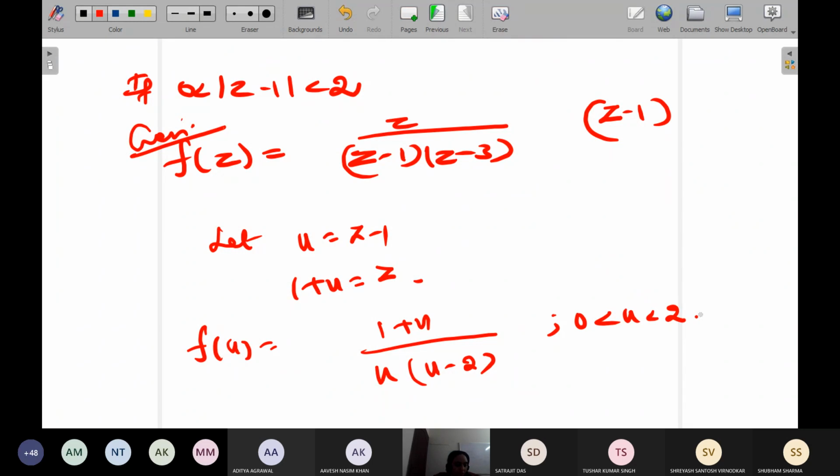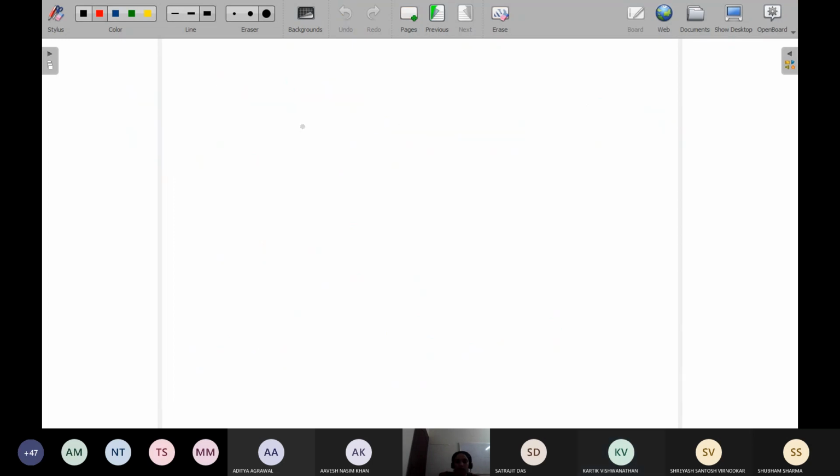Split it into the partial fractions and tell me what are the factors you are getting. Ma'am, a equal to minus half and b equal to 3 by 2. Very good. A equal to minus half and b equal to 3 by 2.